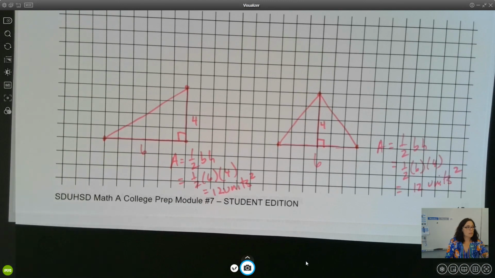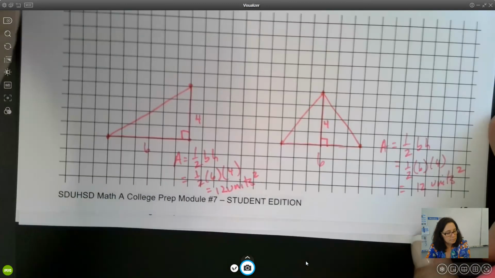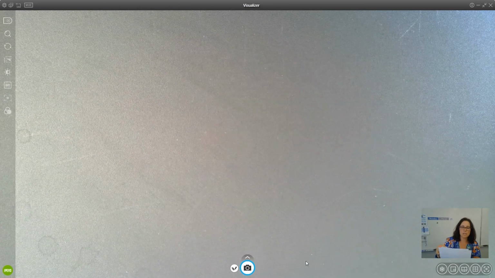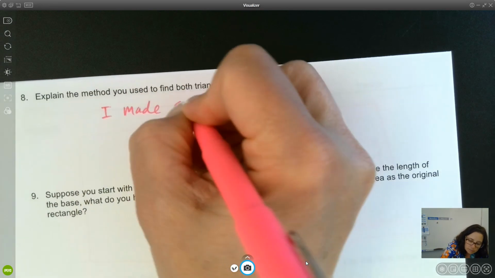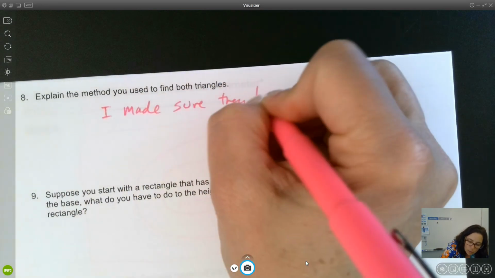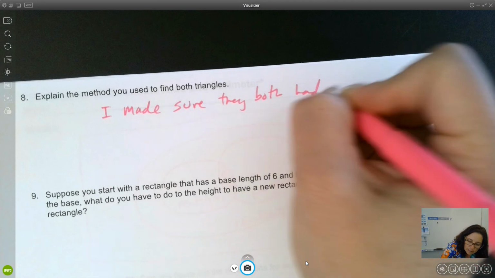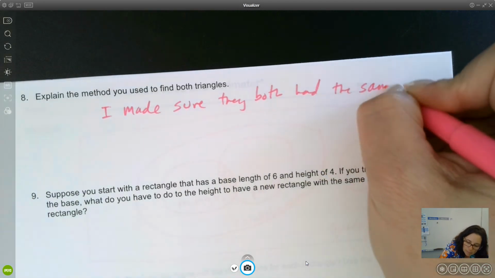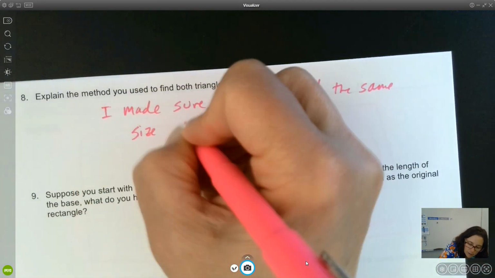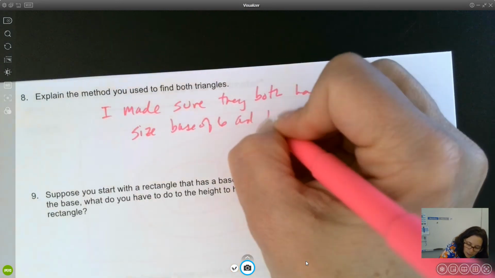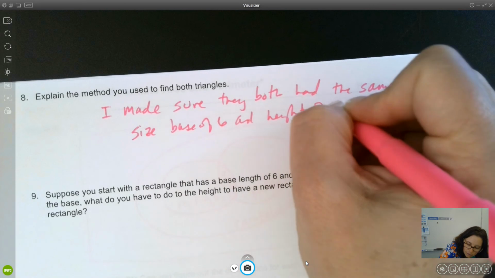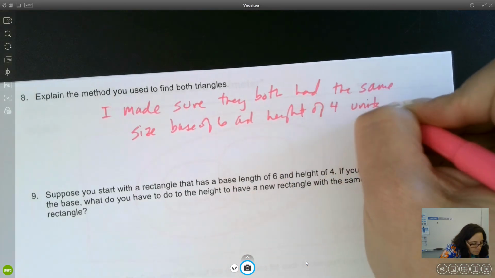All right, the method I used for that one. I made sure that they both had the same size base of 6 and height of 4 units.